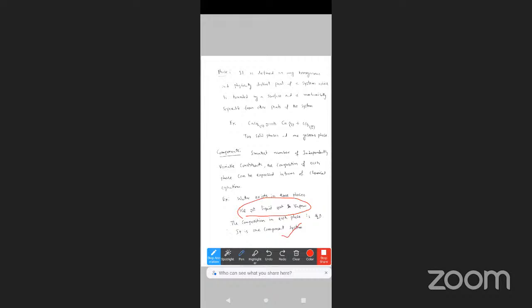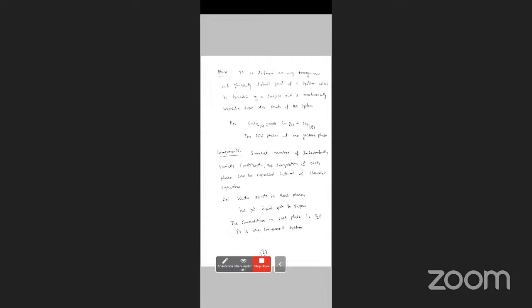So that's why it is called one component system, where the solid, liquid, vapor are in equilibrium. You can consider any two phases. Okay. So that's about components.